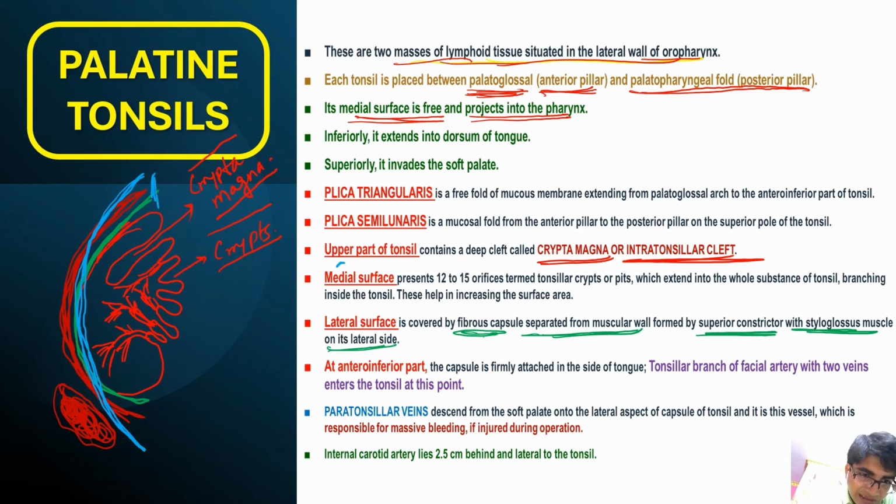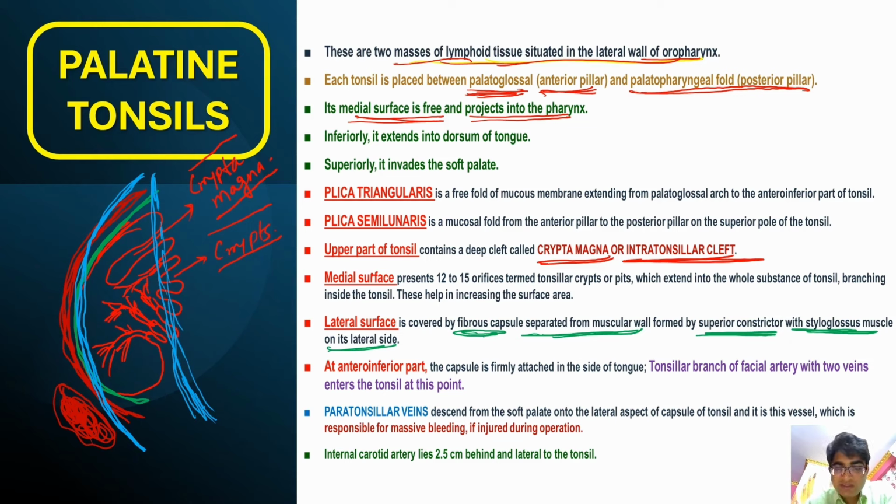Posteriorly there is one posterior pillar, again made up of the palatopharyngeus muscle. Correct. Now, why is the tonsil not falling off from the tonsillar fossa into the pharynx? What are the structures which are actually holding the tonsil within its space?